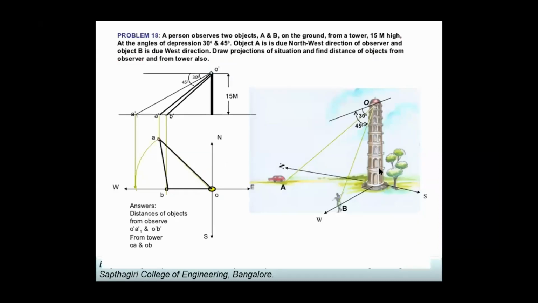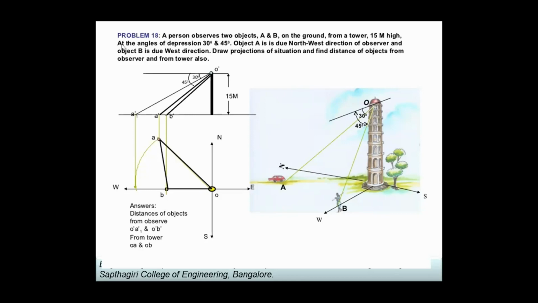A person observes two objects A and B on the ground from a tower. Very important: the person is here, the observer is here. He sees two objects A and B on the ground from a tower 15 meters high. You can assume this 15 meters as the altitude of a triangle or something like that.